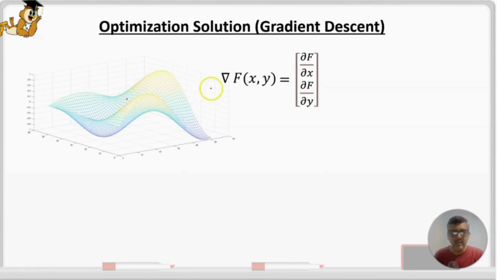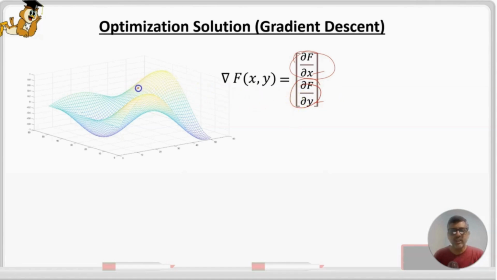How do we do that? You know that the gradient is essentially the vector of partial derivatives with respect to each of the variables. This partial derivative itself could be a function of x and y. Similarly, the partial derivative with respect to y could be a function of x and y.